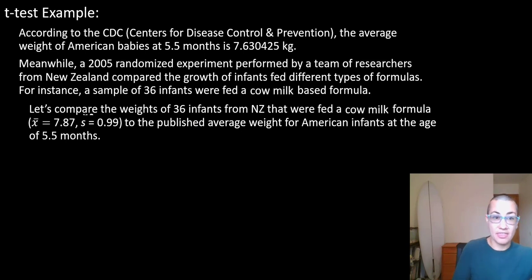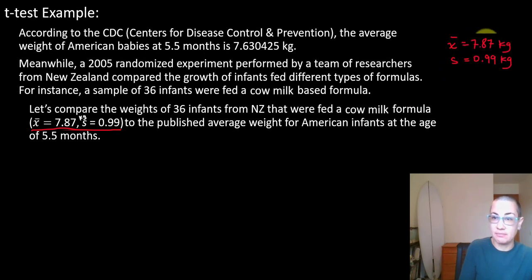Over here, we've got the sample mean and sample standard deviation. Just so it's super clear, I'm going to write that over here. And this is in kilograms. The sample size was also given. There were 36 infants. So that's n.